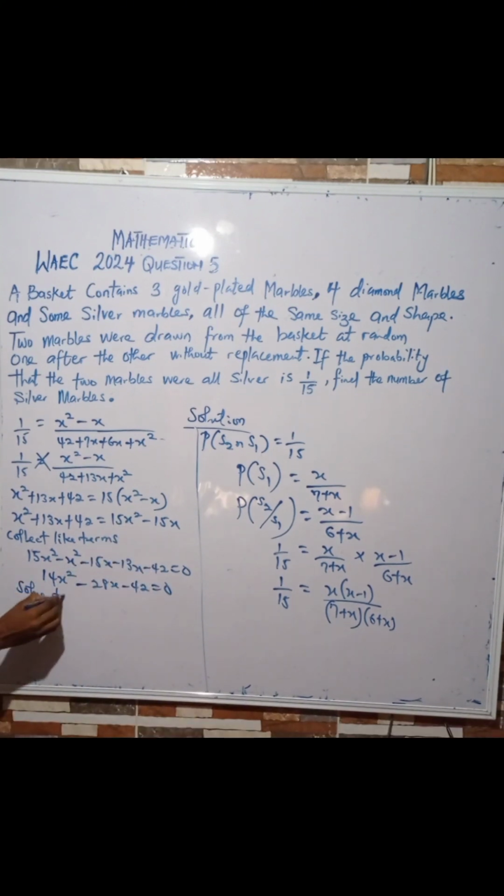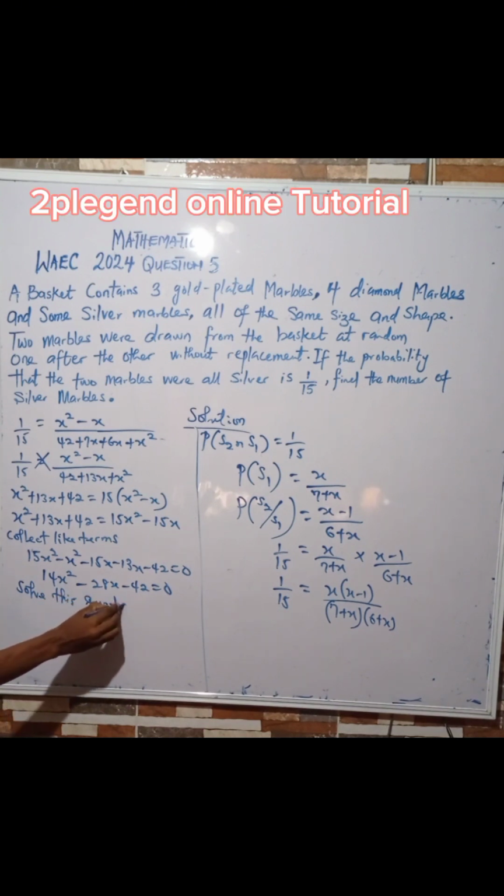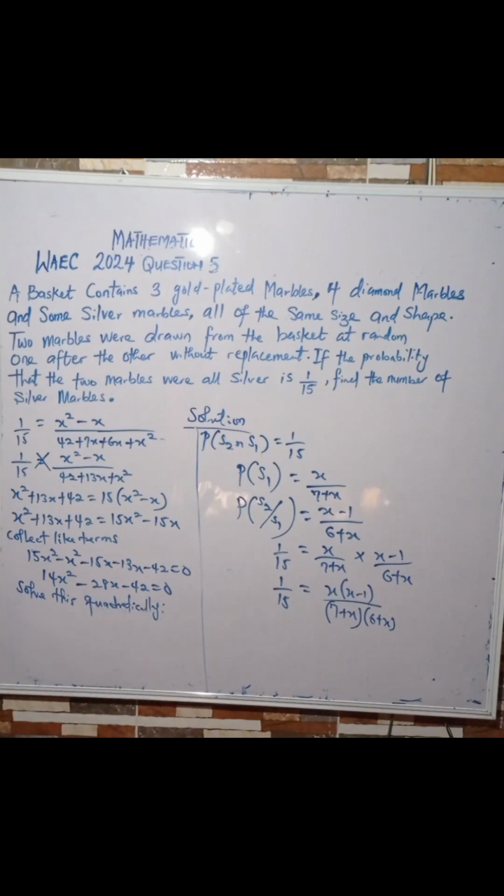We solve this quadratically. This will give us 7x plus 7 times x minus 3 equals 0.